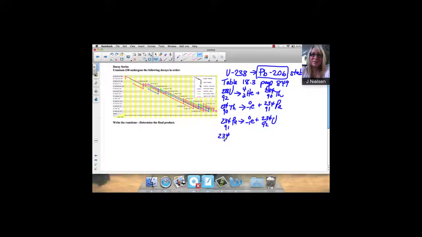Uranium 234 undergoes alpha decay, and that produces thorium 230.